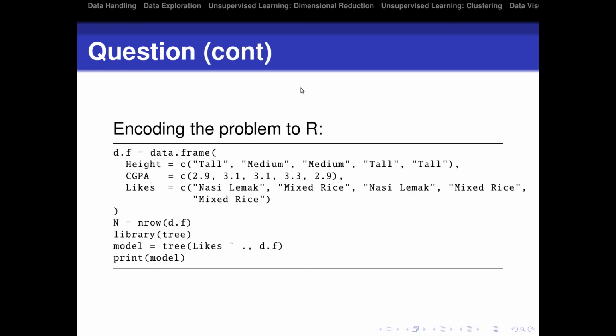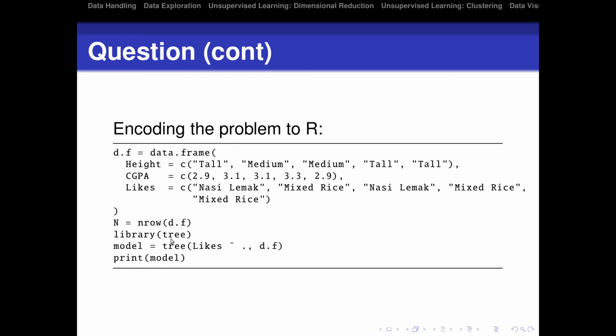Okay, so we'll be using R to actually check what is the return value of the computer program. As all of you are already familiar throughout the practical classes, we can construct a data frame for the table given in the previous slide.